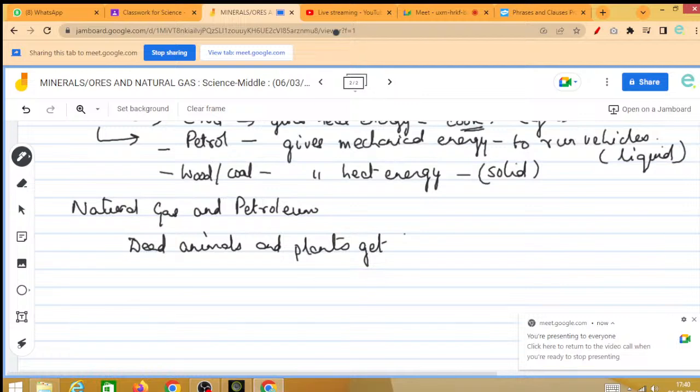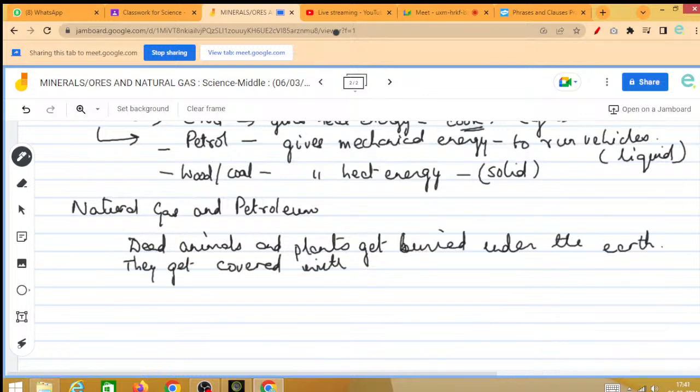They get covered with sand, silt. Under the soil also we can say, whatever you want to say. You can say under the ocean bed also. I'm just saying under the earth. Sand or rocks. And keep going deeper and deeper for millions of years.